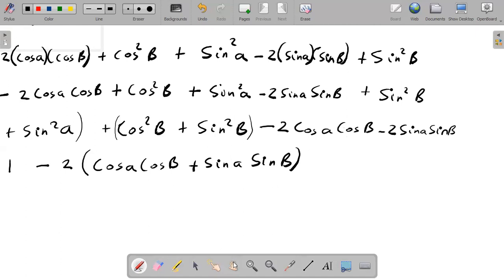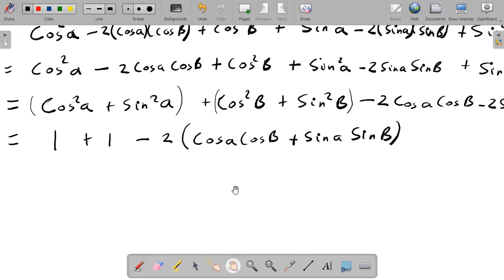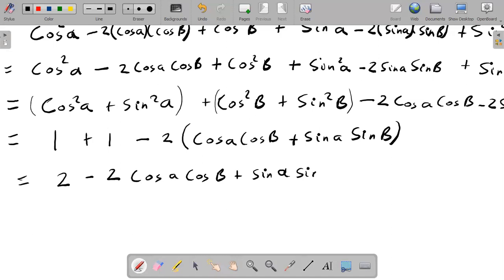So this is the simplified version, which is going to give us, of course, 1 plus 1, that's a 2, minus 2 bracket cos alpha cos beta plus sine alpha sine beta, right?